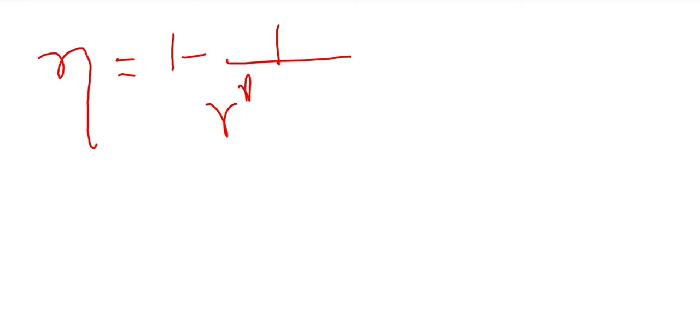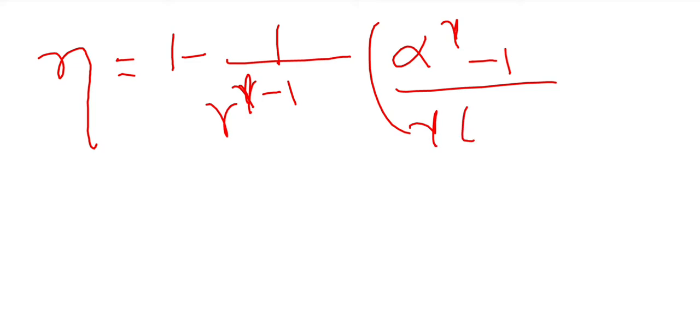Let's move forward. We have an expression for efficiency. We will learn the formula. Efficiency of the diesel cycle is equal to 1 minus 1 upon r^(gamma-1), into (alpha^gamma minus 1) upon gamma into (alpha minus 1).